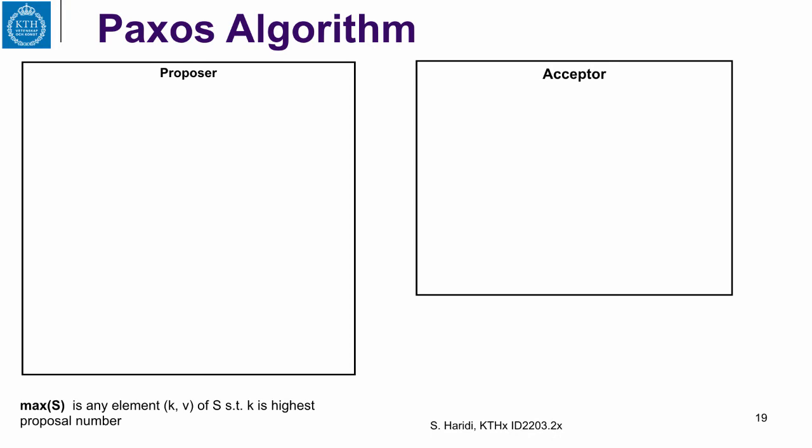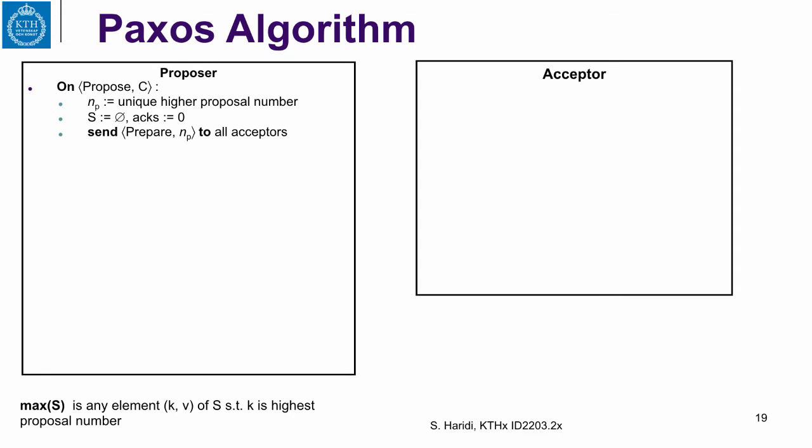So here is the single value Paxos algorithm, just to remind you. The first thing is the proposer. When it gets a proposal request from a client, it creates a unique proposal number, higher than whatever is known at this point. And it uses two variables.